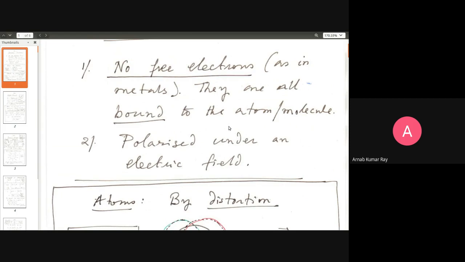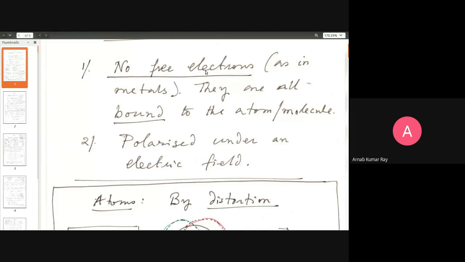The electrons are strongly bound to the atoms in an insulating material. But as I said, just like in the case of free electrons in a metal, the freedom has certain restrictions. The restriction being that they can't leave the metal lattice. They may be free to move around within the metal lattice, but not go out of it.